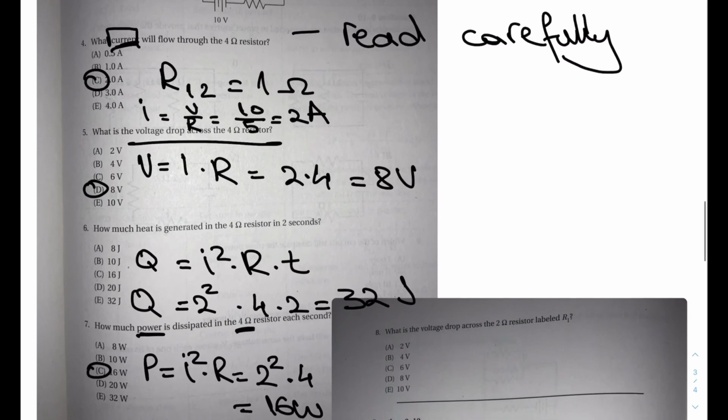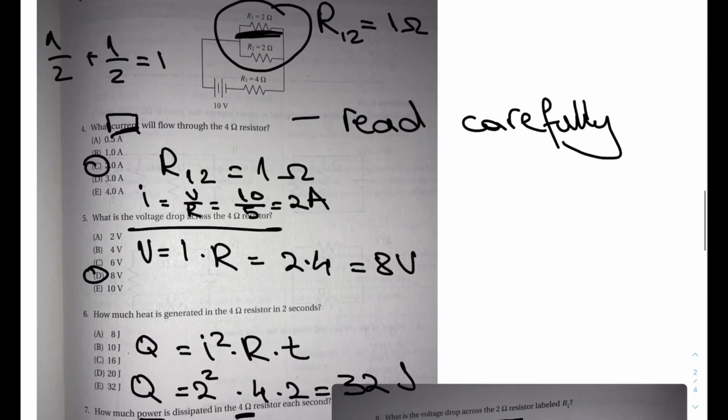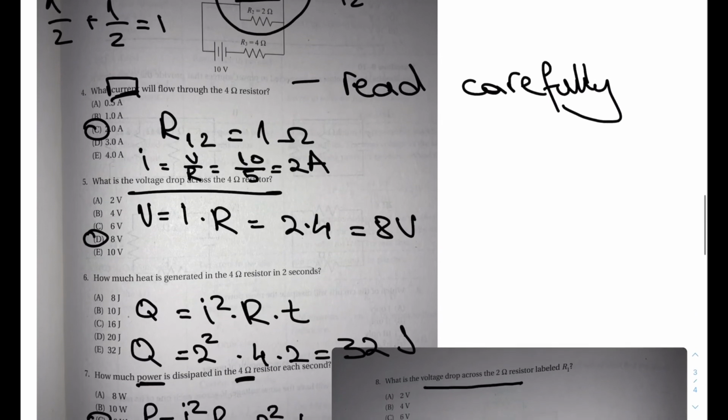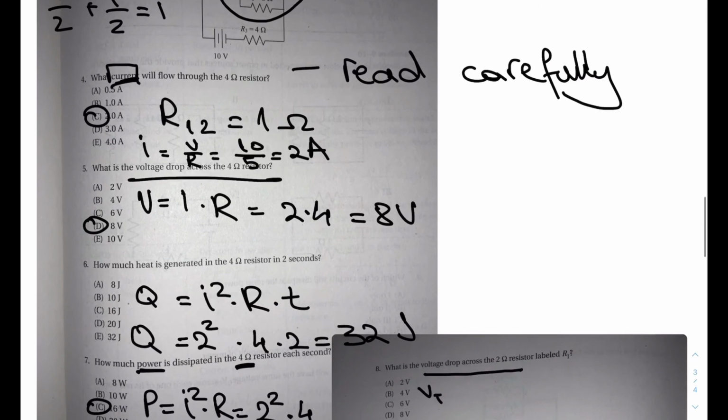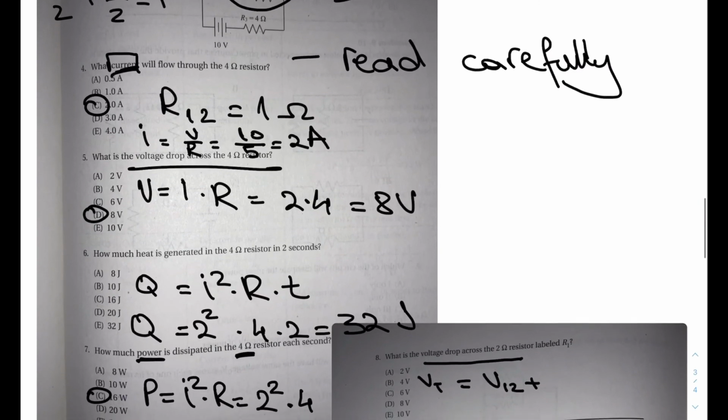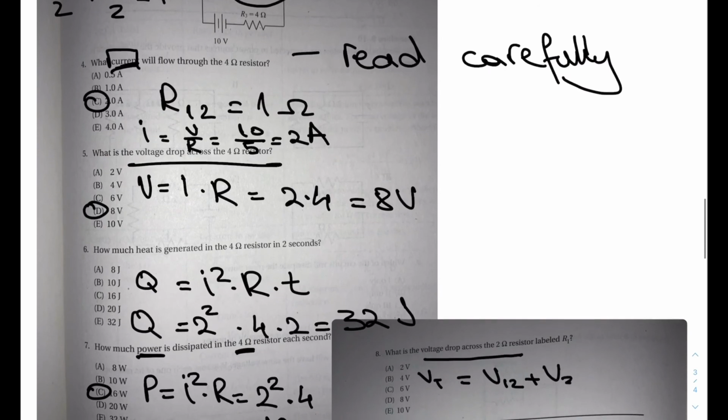What is the voltage drop across the 2 ohm resistor labeled as R1? So they are talking about this one. So here we will write like this. Total voltage equals voltage 1,2 with the first two resistors, plus voltage 3.